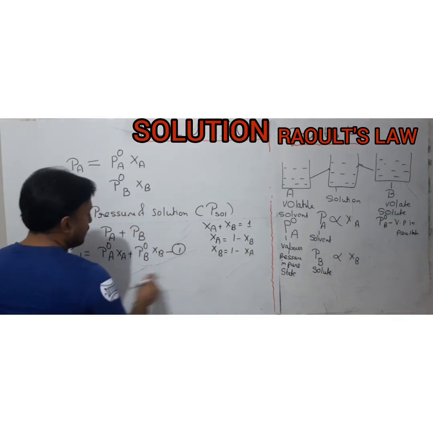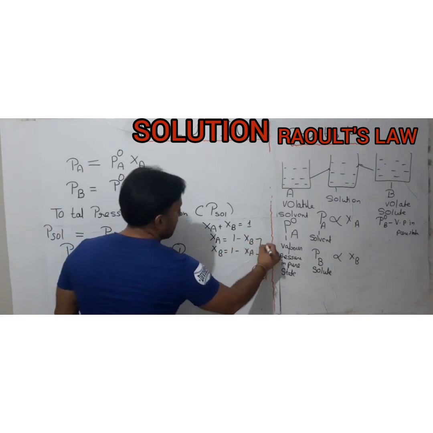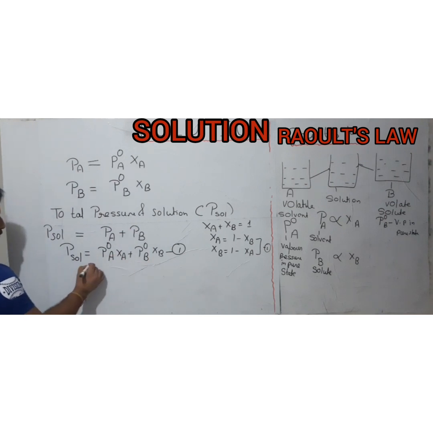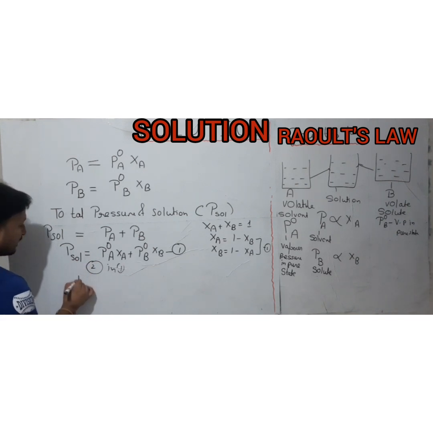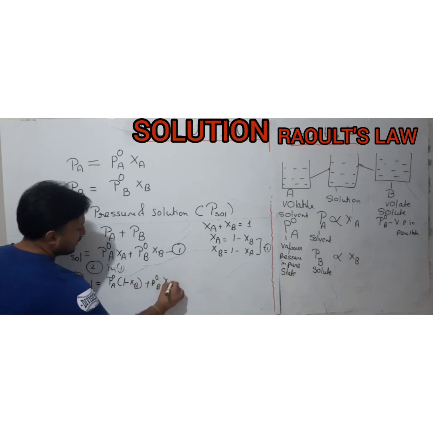Suppose we consider these as equation 2. If you put equation 2 in 1, using XA equivalent to 1 minus XB, then the total pressure of the solution will be equivalent to P naught A, in place of XA it will be 1 minus XB, plus P naught B XB.